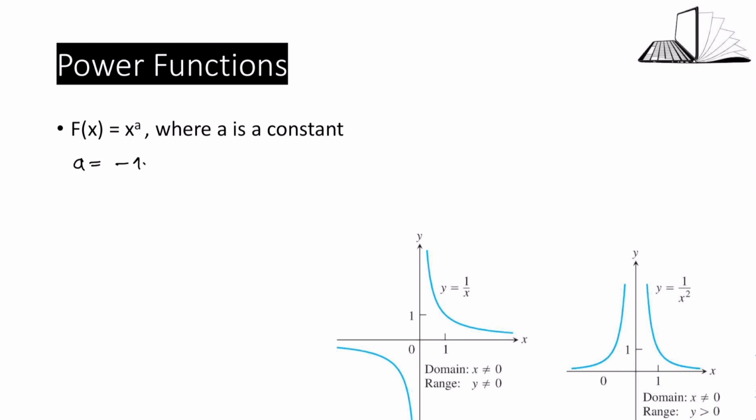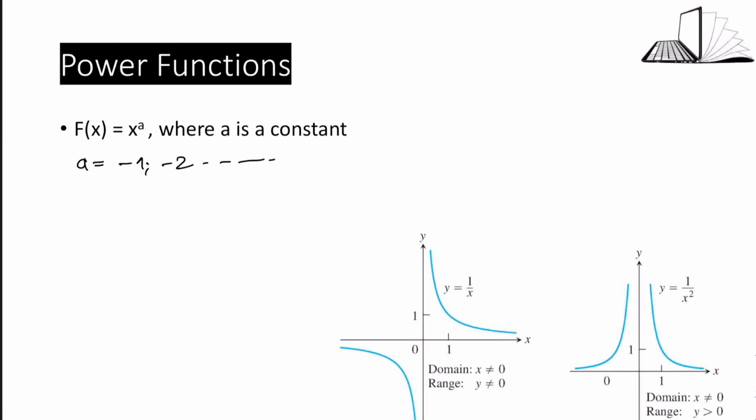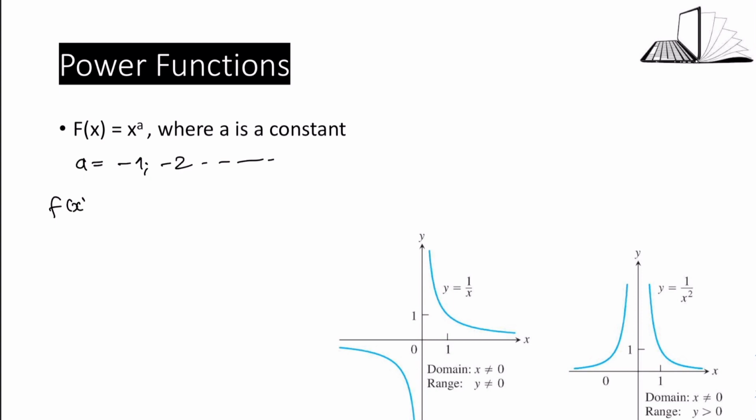For example, -1, -2, etc. Technically, we're discussing f of x equals x to the power -1, which is equal to 1 over x, and f of x equals x to the power -2, which is equal to 1 over x squared.